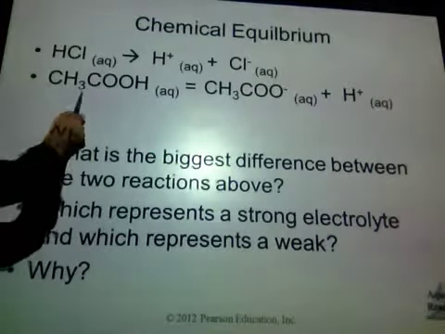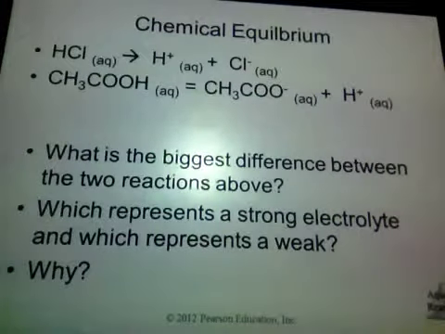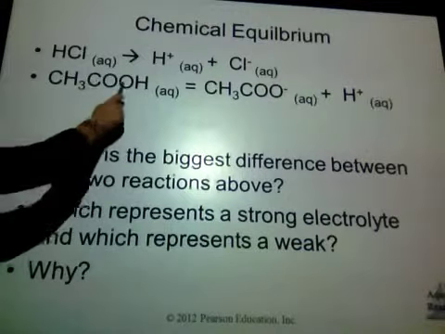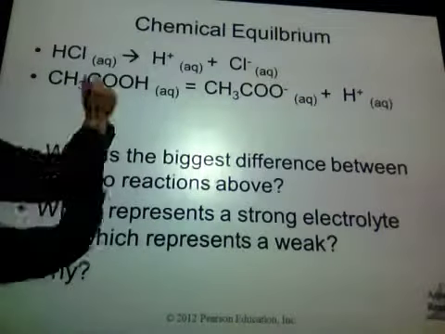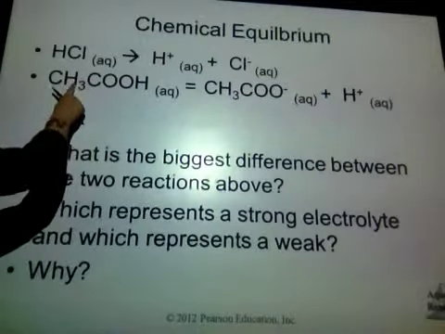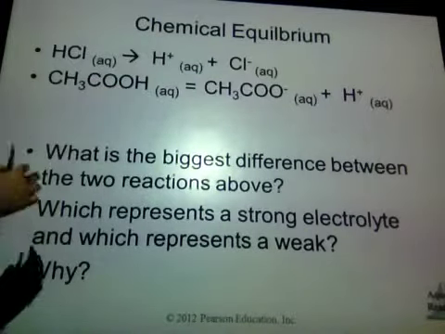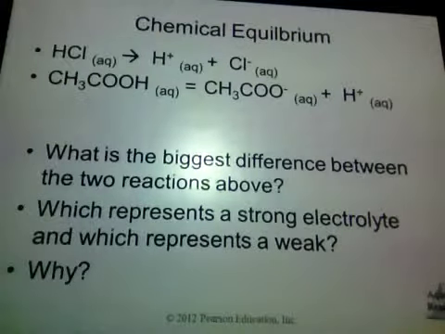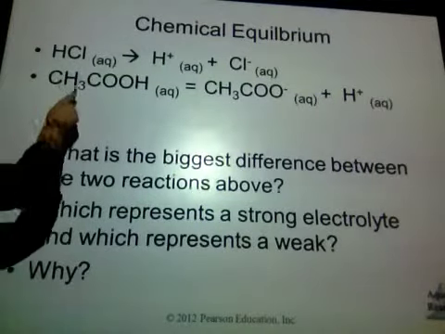Now, on this one, I have CH3COOH. Does anybody know? CH3COO, if I took that H off, would be acetate, which we know to be C2H3O2. This is just a really common way for a lot of chemists to write acetate, CH3COO.